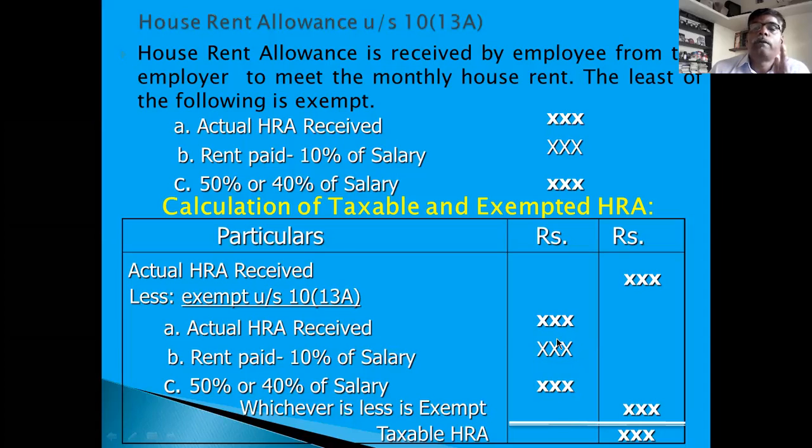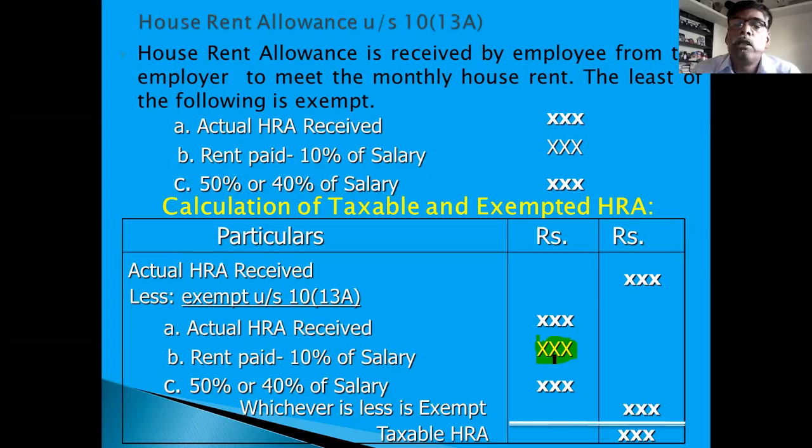If rent paid and 10% salary are equal, it is 0. And if the rent paid is less than 10% of salary, then it is in minus. In these two cases, and a third case is there.